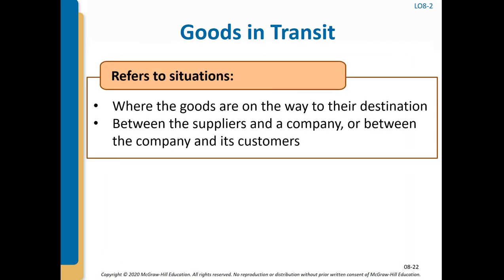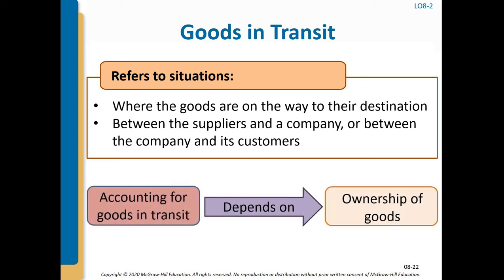Goods in transit refers to situations where the goods are on the way to their destination, meaning the goods are in between the supplier and the buyer. So the accounting for goods in transit depends on ownership of the goods. This is really important. Who is the owner of the goods that are in between the buyer and the seller?